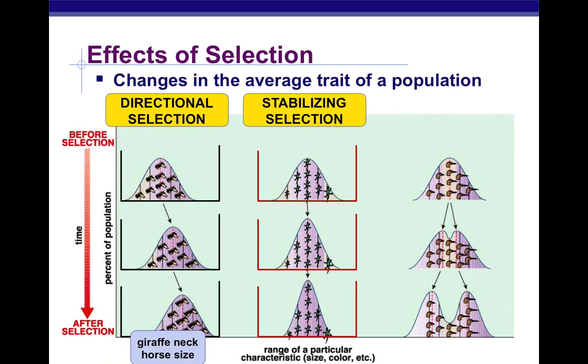The next one is called stabilizing selection. In this case, the normal or the mean, the average size, becomes the most advantageous. So the extremes become less and less extreme, and you see the whole thing thinning here. Again, this side represents the extreme of the trait. In this particular case, we're talking about birth weight.